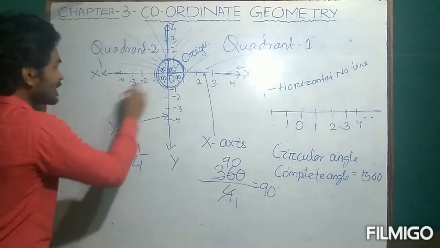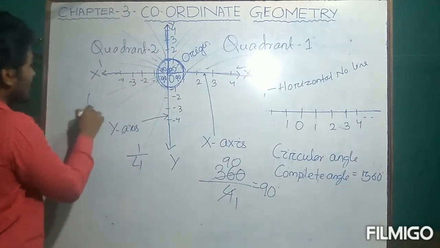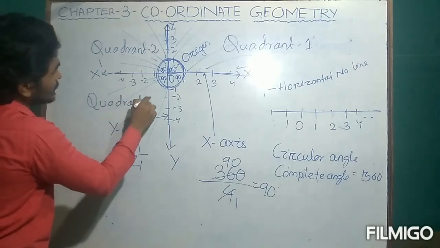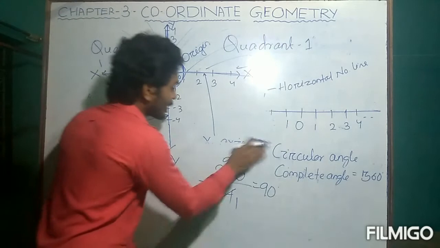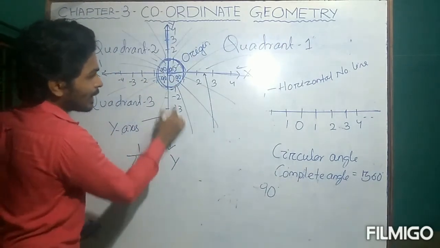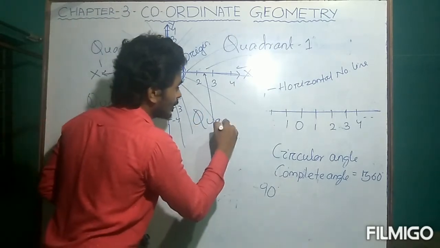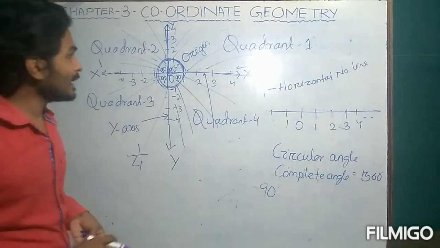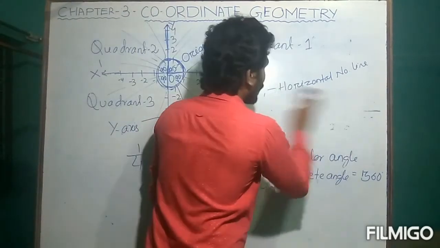Now this is the third part, known as quadrant 3. Clear? And this is quadrant 4. Right? So you can draw it.